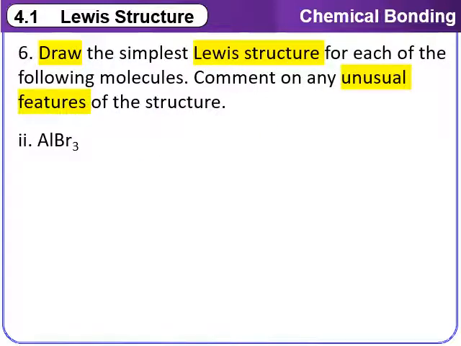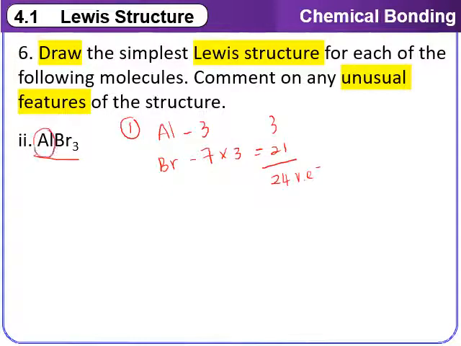Question number 6.2, aluminium bromide. Again, step number 1, total valence electrons. Aluminium has 3 valence electrons. Bromine has 7 valence electrons multiplied by 3, so 21 plus 3, altogether 24 valence electrons. Again, the first element is aluminium, so aluminium will become the central atom.